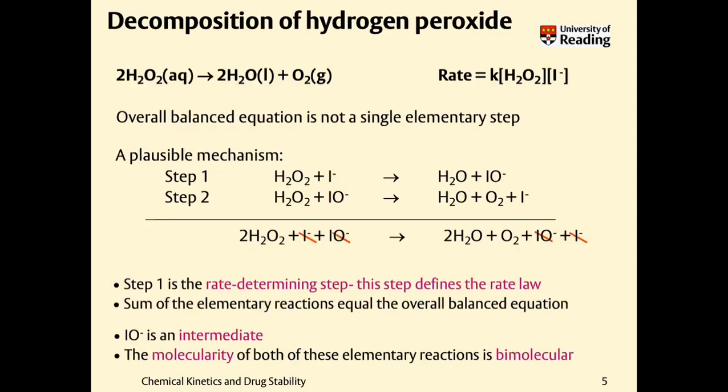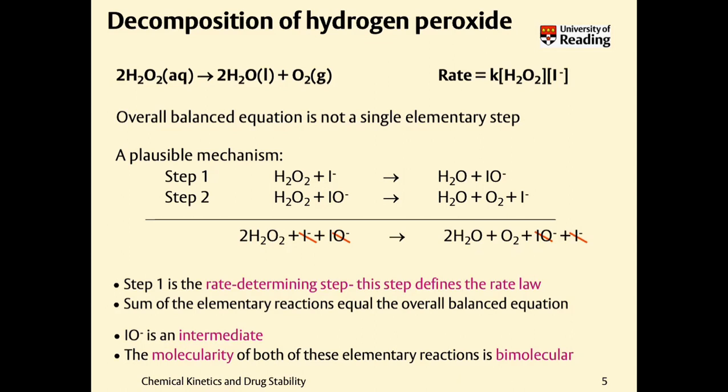What we need to do is to come up with a plausible mechanism. And that plausible mechanism must hold true in 2 things. It must have that one of the steps only uses 1 molecule of hydrogen peroxide and 1 molecule of iodide ions, to mean that there is 1 step that can be called the rate determining step and that would match the rate law.